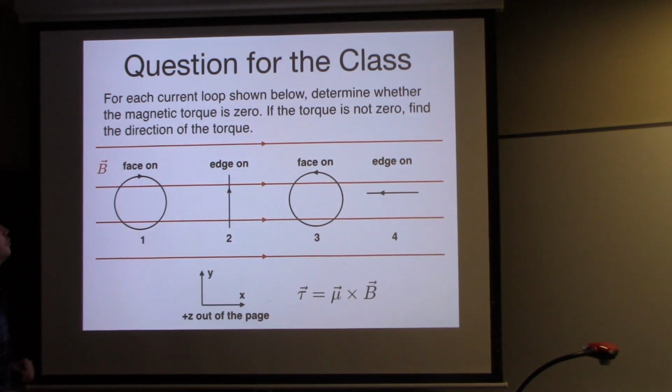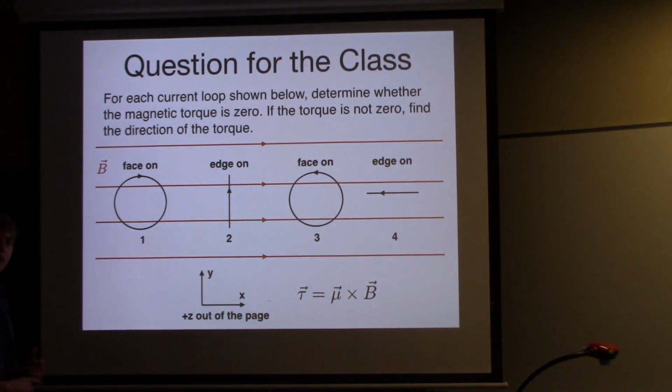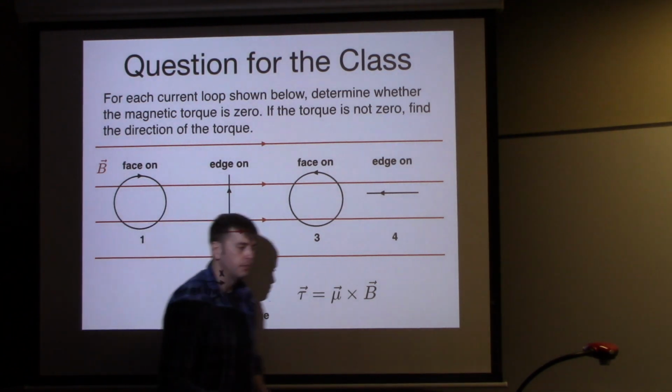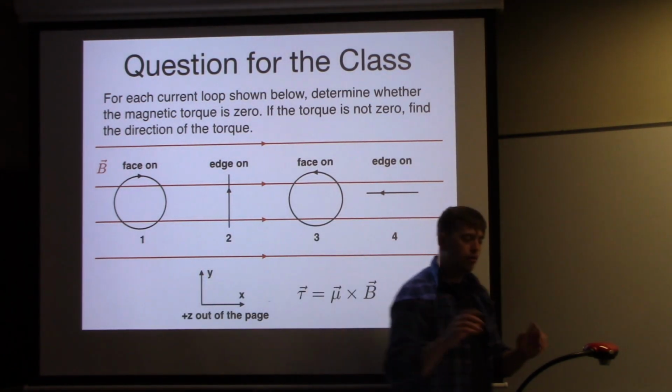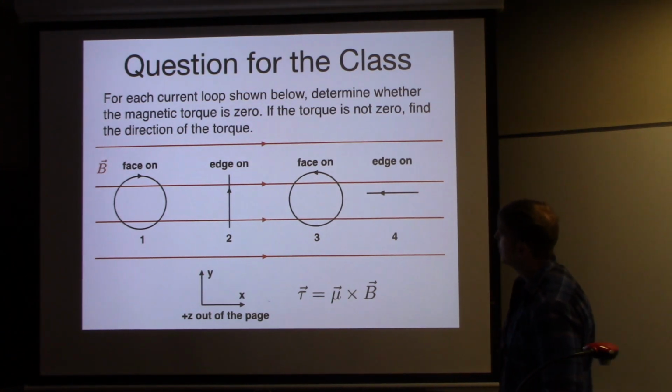It's perfectly uniform. But I have 4 different current loops in the magnetic field. What I want you to think about is, for each one of these, try to figure out if the torque is equal to 0. Okay? If it's not 0, then try to figure out which direction the torque is in, and pause the video, try to work it out, and then we'll talk about it together.